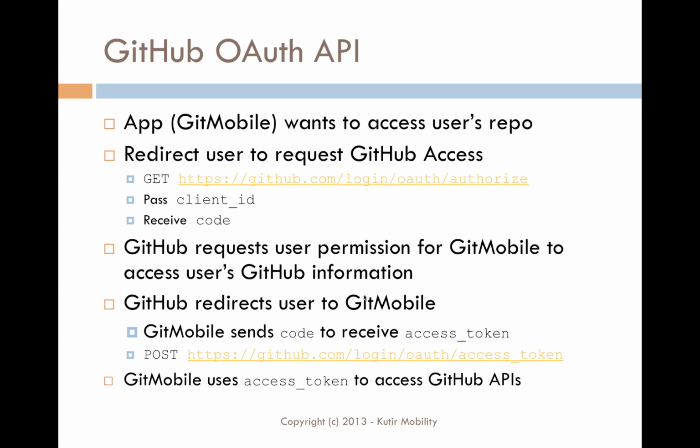This access token is expected by GitHub for any subsequent API calls. So we use the code and call the OAuth access token API, which then gives us the access token. And like I said, for any subsequent calls we make, we have to use this access token.